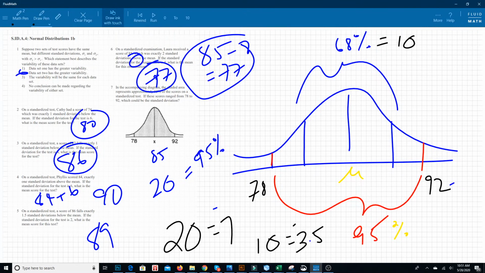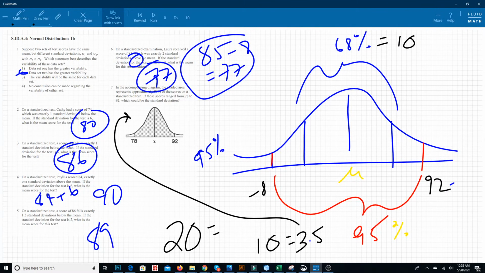So then we're left with the standard deviation of 3.5. So that's our answer for this one. 3.5, okay? I hope that's clear for you guys.